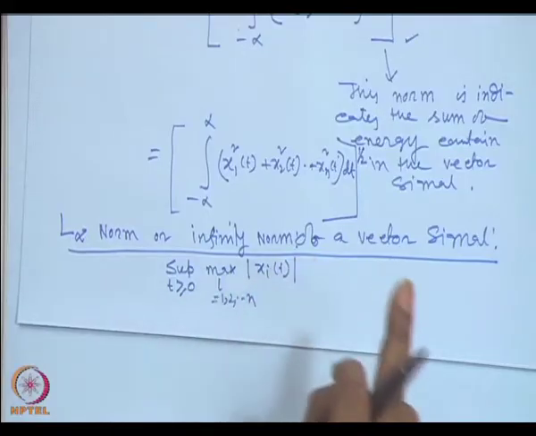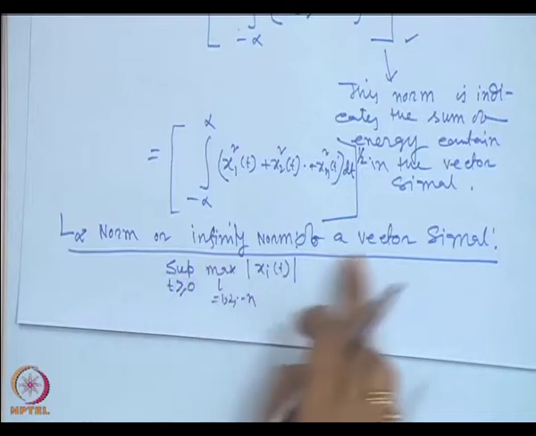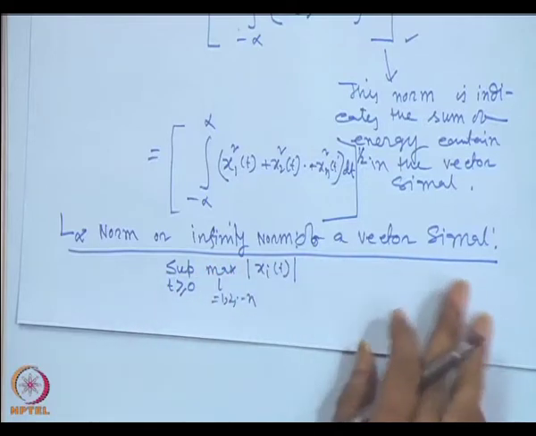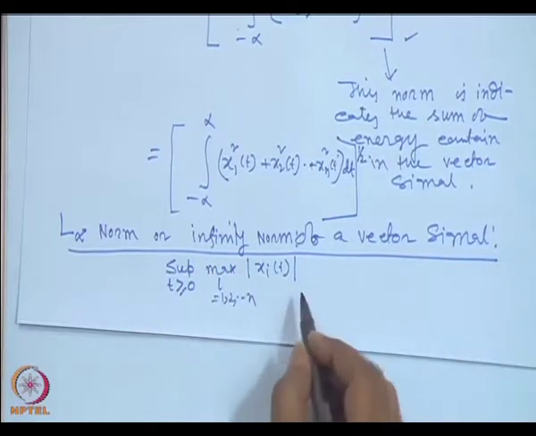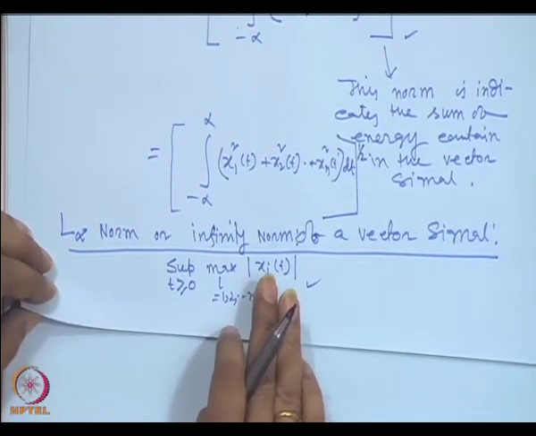In this way, up to i equal to n, you note down the maximum. Out of this, the least upper bound will give you the infinity norm of that signal vector. Agree? So, this has some important concepts which will be utilized in the case of our system norm and signal norm.